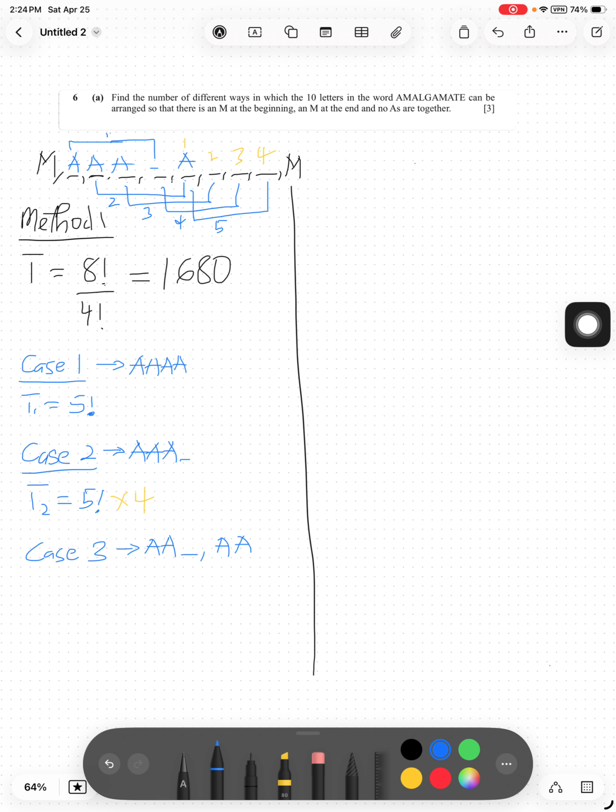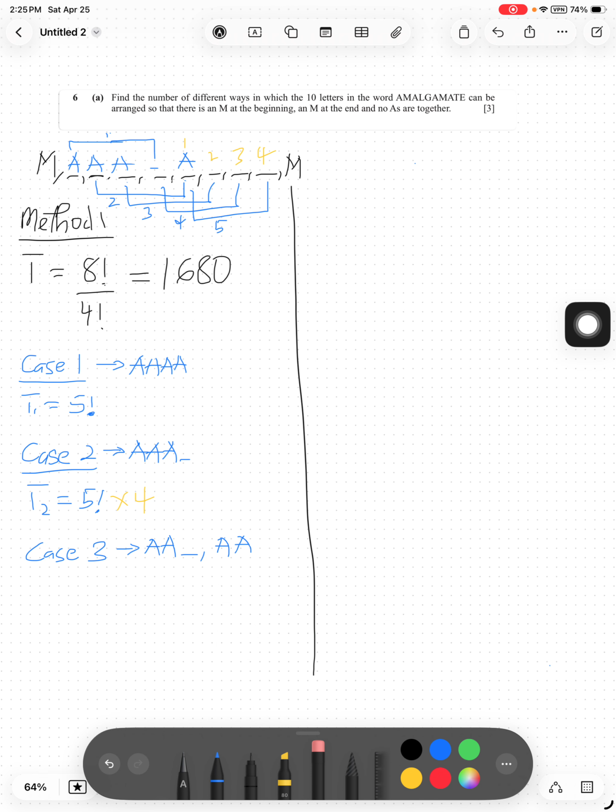So we can treat two A's plus an empty space as one block, and two A's without any empty space as also another block, right? And let's demonstrate that one right here on this screen.